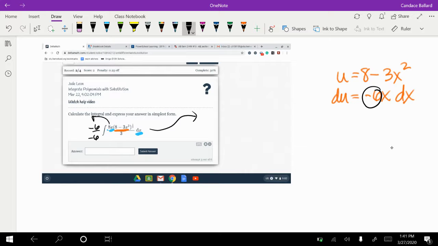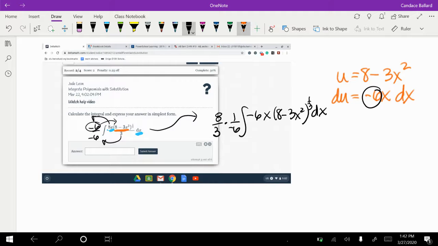I'm going to take this 8 and move it out, and the 3 and move it out. And then I'm going to take this -6 and move it inside. So bringing the 8 out and bringing the 3 out, I still have a -6 in the denominator there. I'm moving the -6 in. And then I've got an x inside still, and an 8 minus 3x squared to the 1/3 inside.